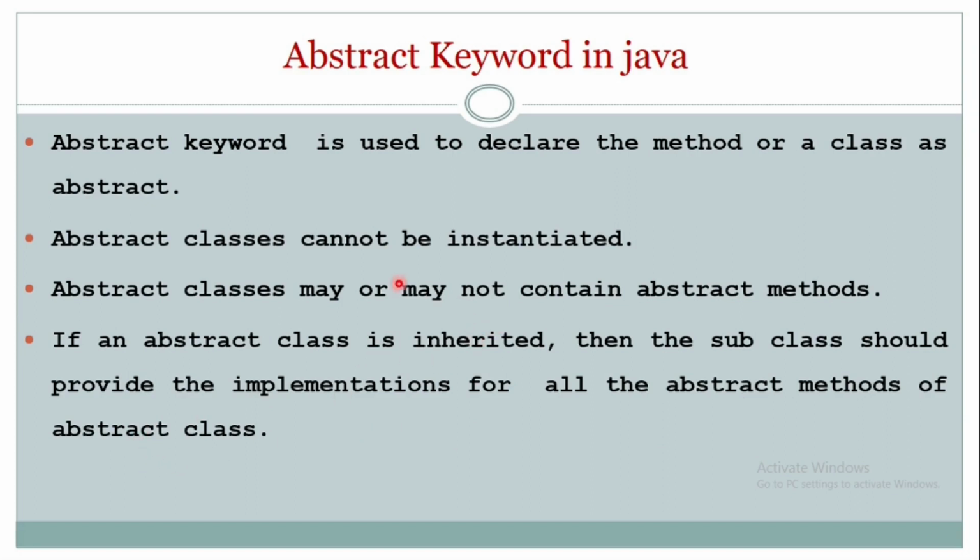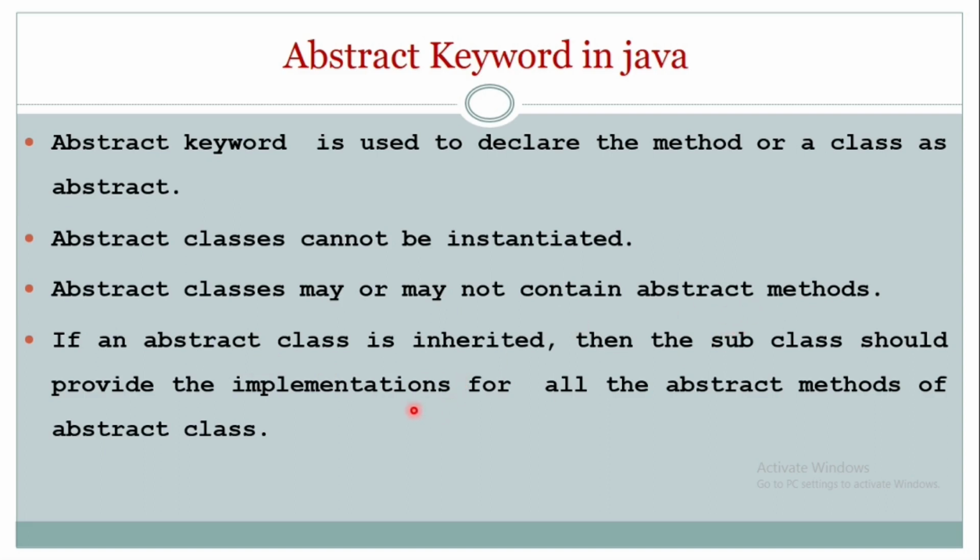Since abstract methods don't have any definitions, we need to implement them in the subclass, so the class which inherits the abstract class needs to implement the abstract methods.